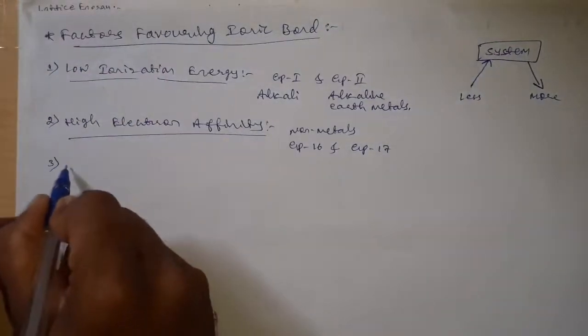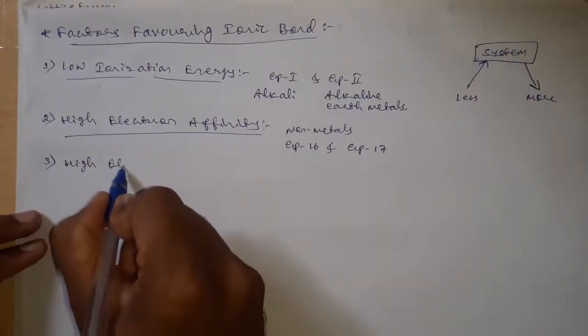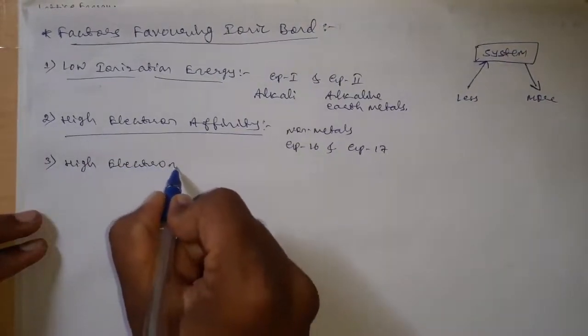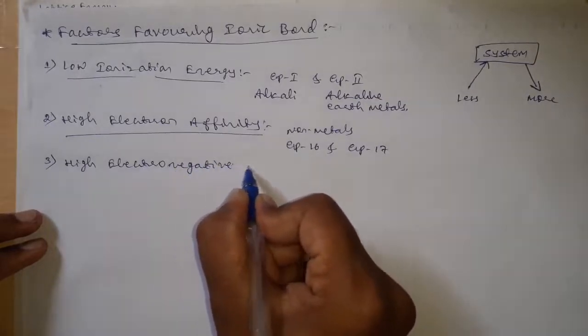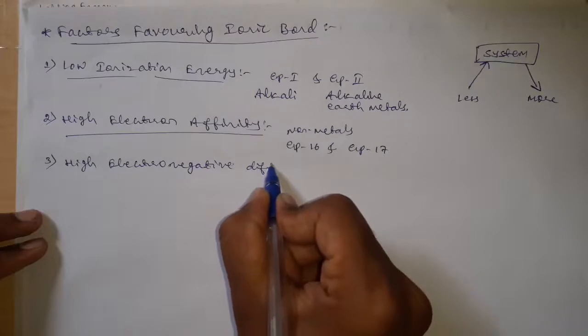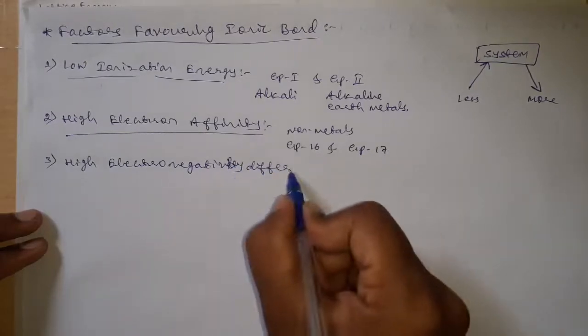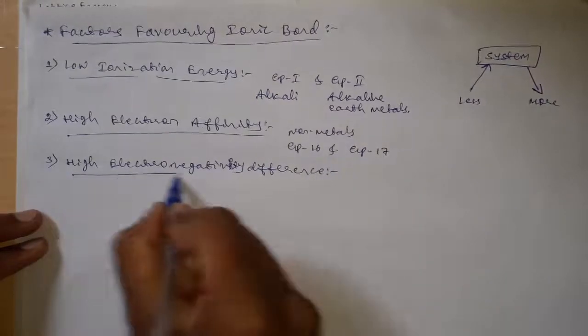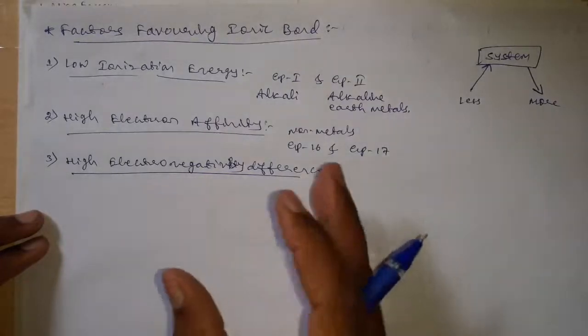Then the third one is high electronegativity difference. What do you mean by electronegativity of an atom?